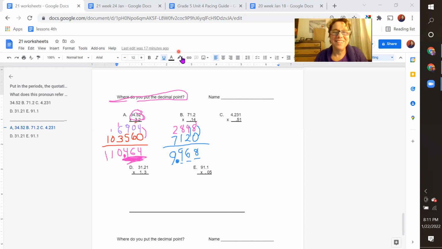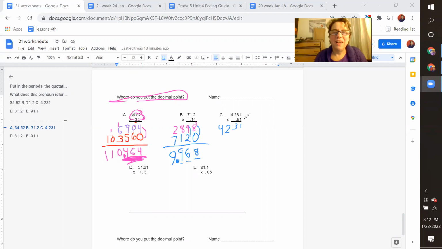Let's get started. 1 times 1, so easy, right? 1. 1 times 3 is 3. 1 times 2 is 2. 1 times 4 is 4. No problem, right?